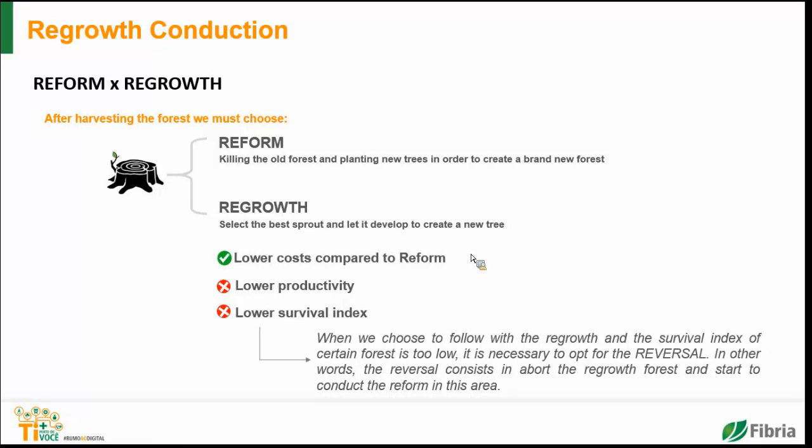So as you can picture, when Fibria opts to go to the regrowth, we need to be very sure that it's going to be a successful forest. Because if something happens and we need to do this reversal, we're going to spend a lot of money and time. We're going to waste time because a lot of time has passed, and the tree's life cycle is at most 7 years.